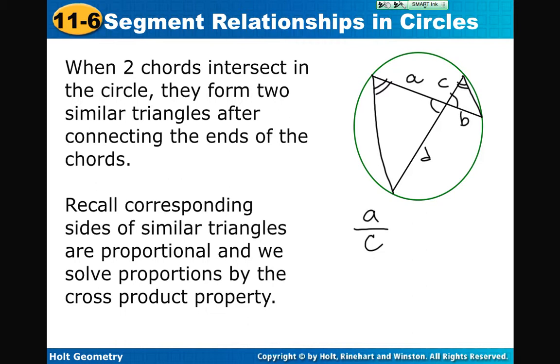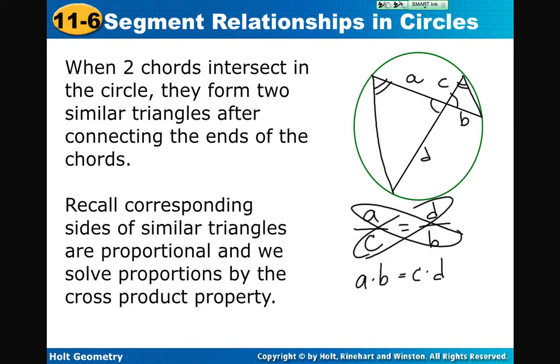So A and C will be in a similarity ratio, the same as D and B. If I cross multiply, that tells me that A times B will always equal C times D.